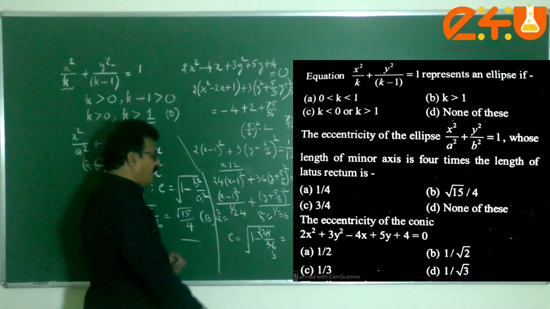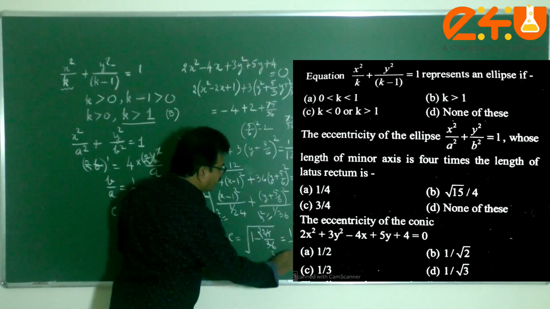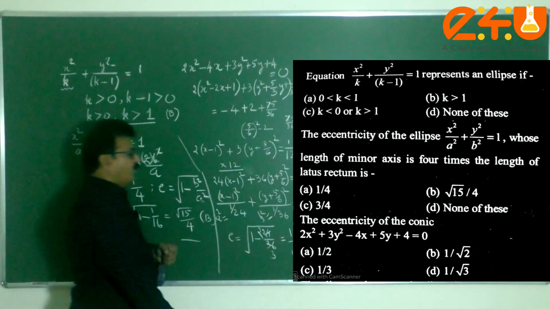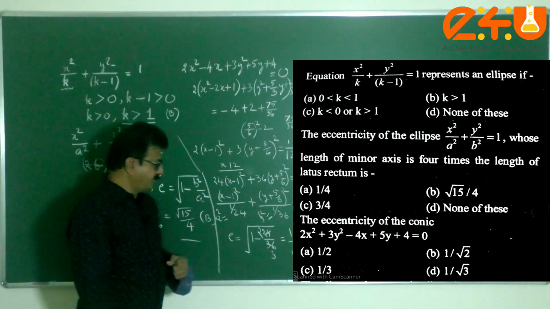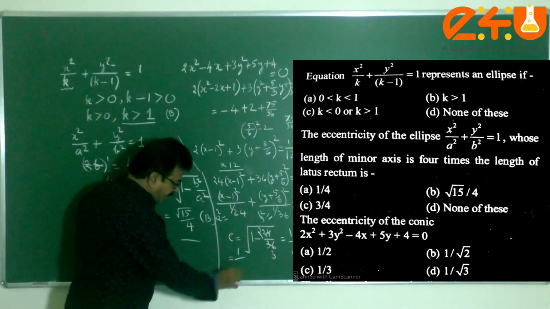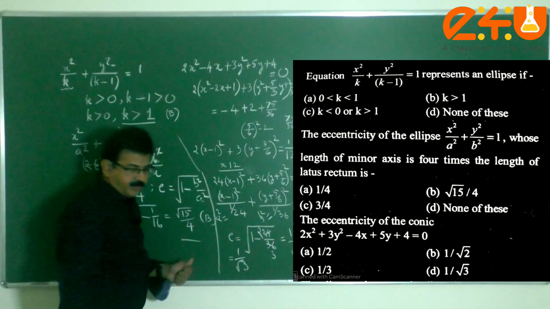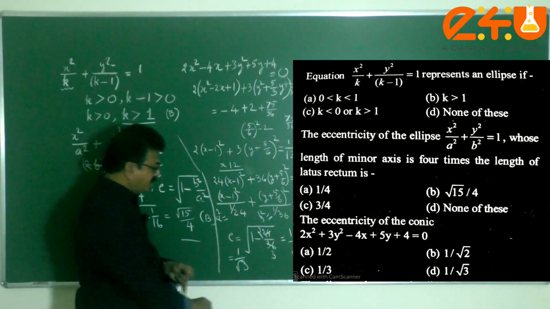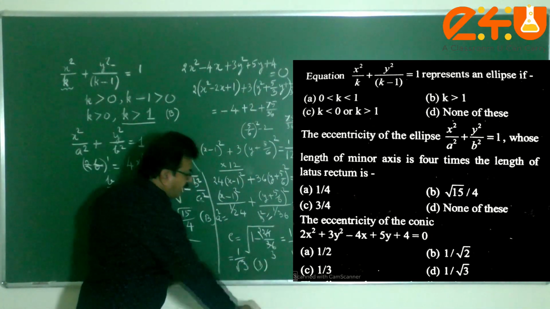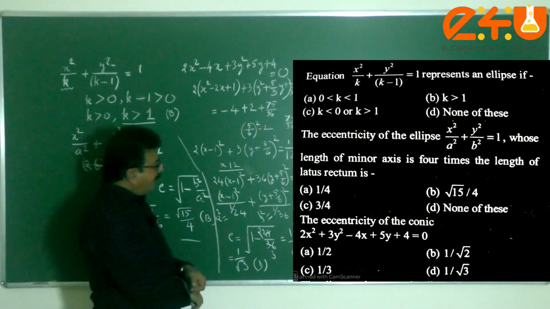So 1 minus 2 by 3 is 1 by 3. So the eccentricity e is 1 by root 3, which is there in option D.